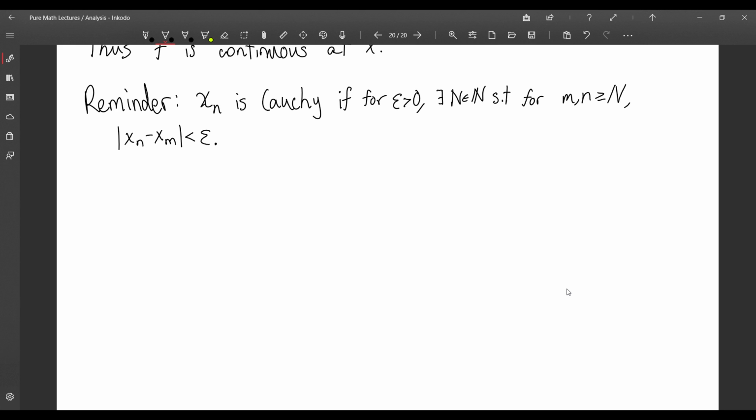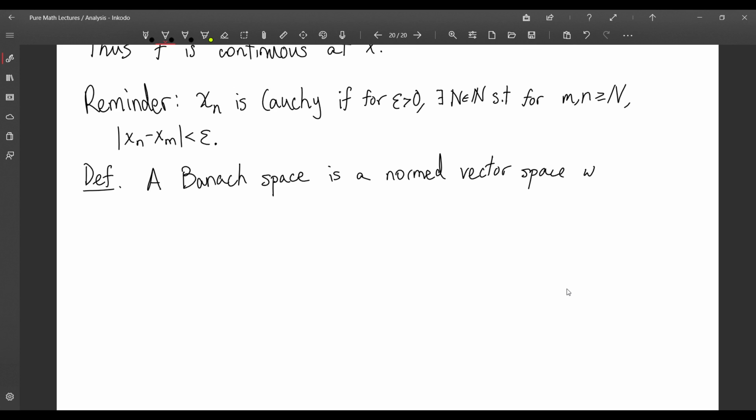And so a Banach space is a normed vector space which is complete with respect to its norm, right?